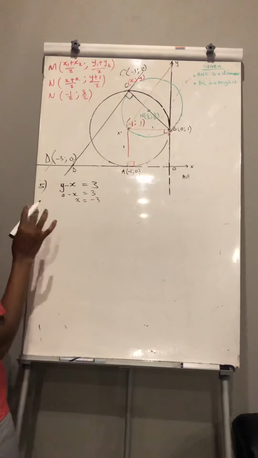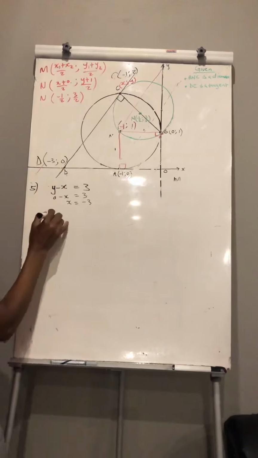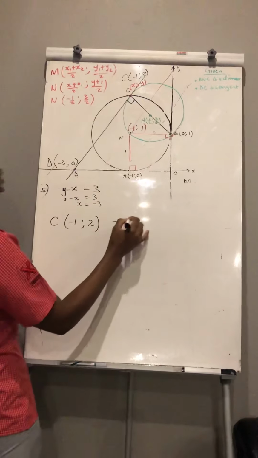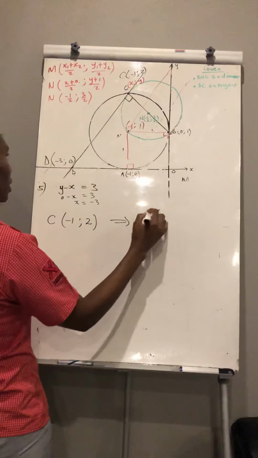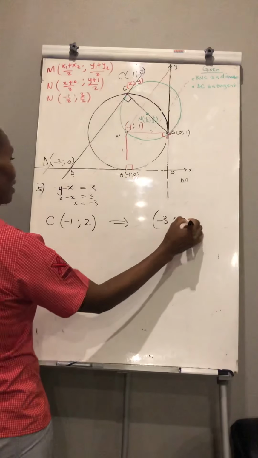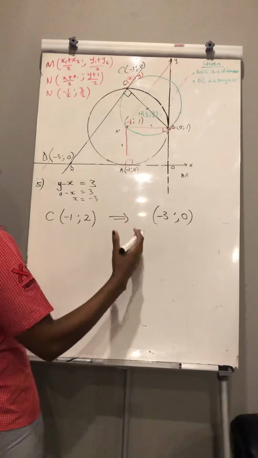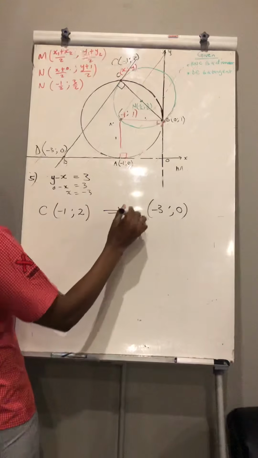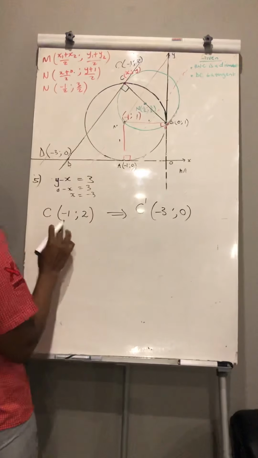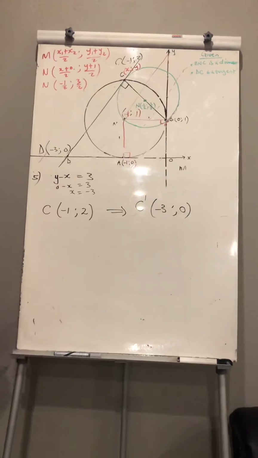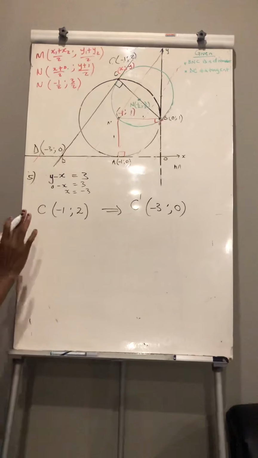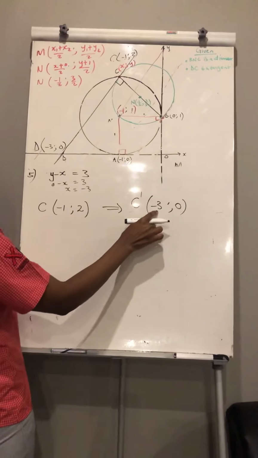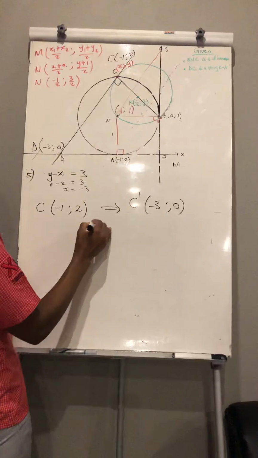So people, we moved a coordinate which was at -1 and 2, and it was moved to a coordinate which is now -3 and 0. So we have to think, we were told it was transformed from here to there. So let me just say this is the image of C after this transformation has taken place. Now I think everyone can tell that if you move from -1 to -3, you have moved 2 units.